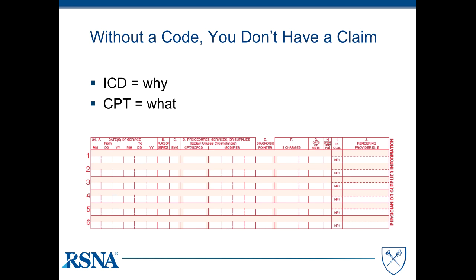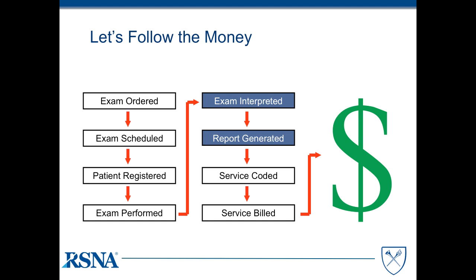All of our reports need to include information about not only what service was performed, but also why that service was performed. That information needs to get translated into ICD-10 and CPT codes, as well as a variety of modifiers and site of service and other codes that we'll discuss in future advanced modules. Again, we've talked about this workflow approach, following the money.